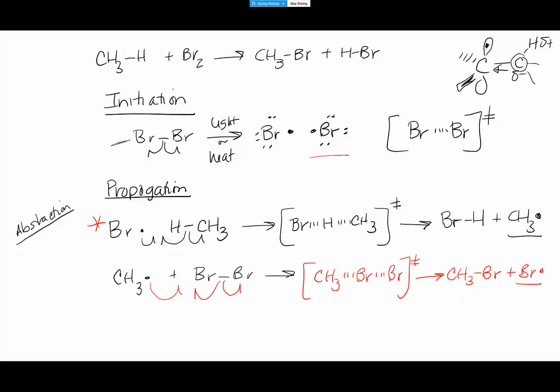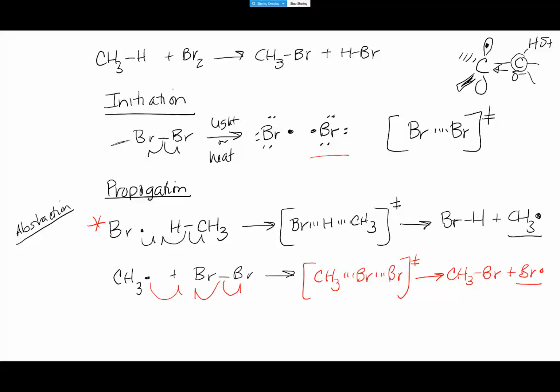Now, the first half of chapter 18, the first parts talk about bond dissociation energies and all of that. I'm not going to go into that. Bond dissociation energies, in this case, I'm forming an HBr bond and I'm breaking a C-H bond.